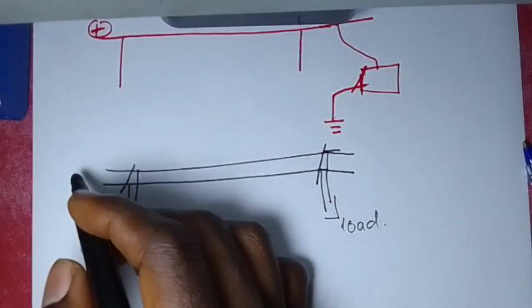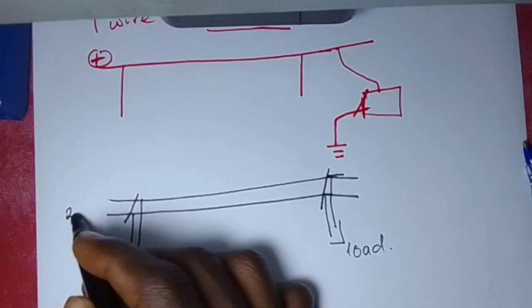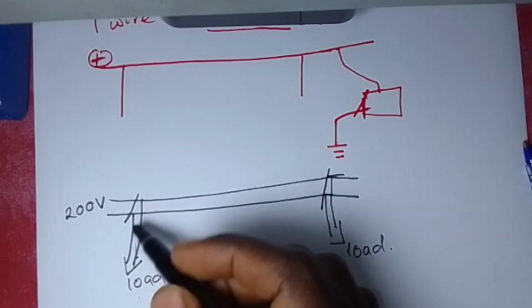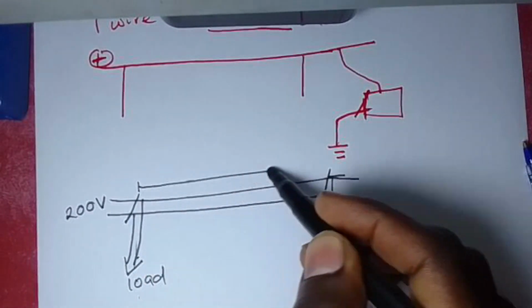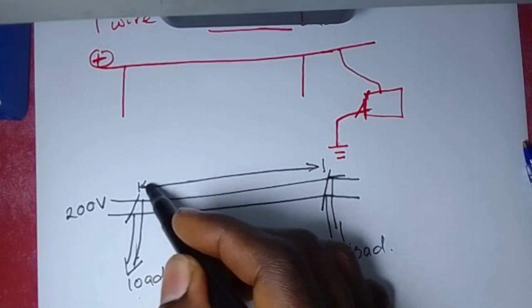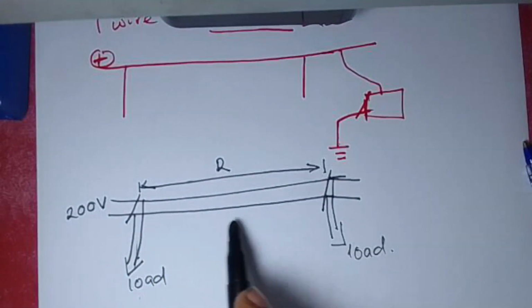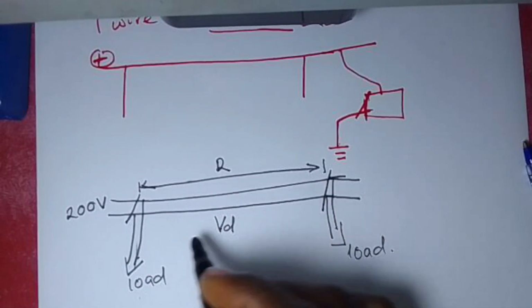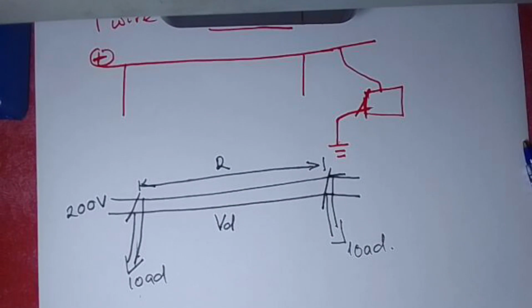So if maybe we have a voltage of, let me say, 200 volts DC here, we expect that by taking off this rod, and due to the resistance of this line, there is going to be a certain voltage drop across that point. Having known that, that is what is going to enable us to calculate certain parameters, as we shall see.